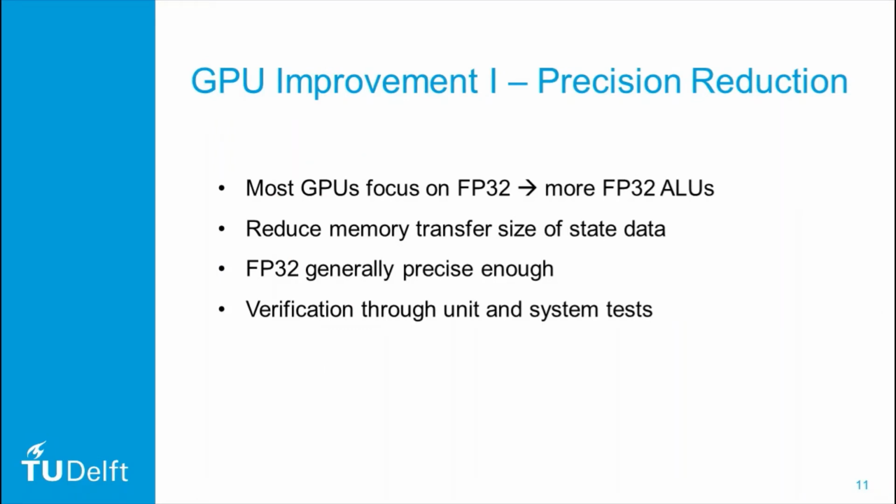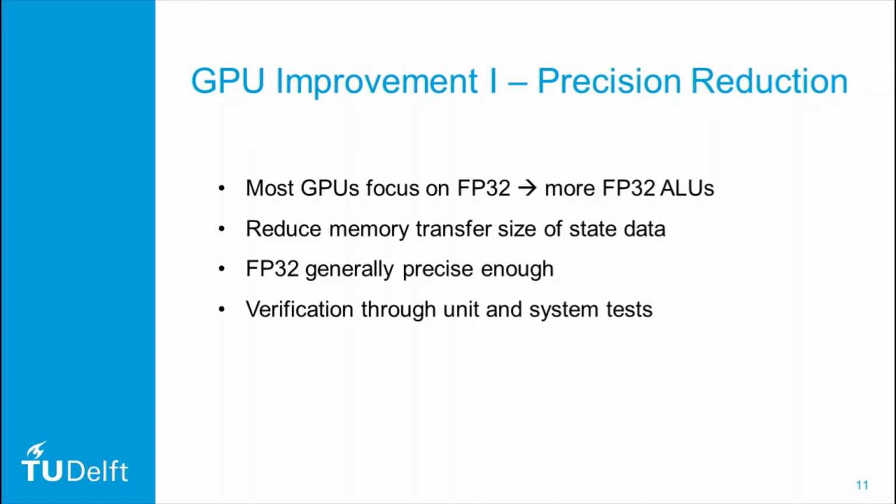The baseline version of BioDynaMo uses double precision floating points for all its floating point data types. Most GPUs, however, especially those that are focused on consumers, focus on single precision floating point or FP32 workloads, and therefore generally contain more single precision floating point arithmetic logic units.